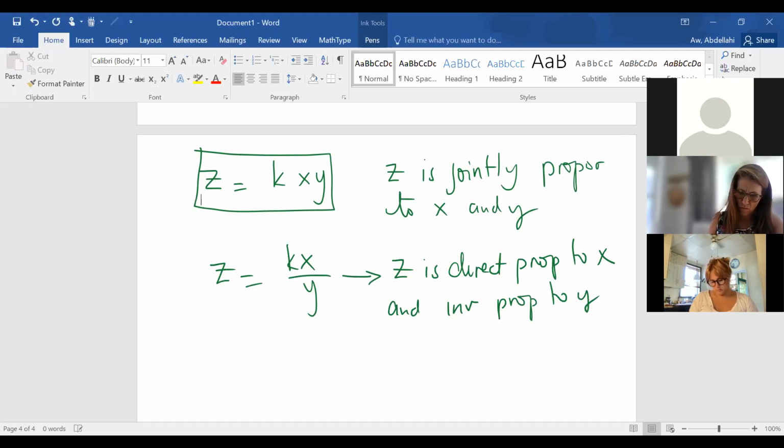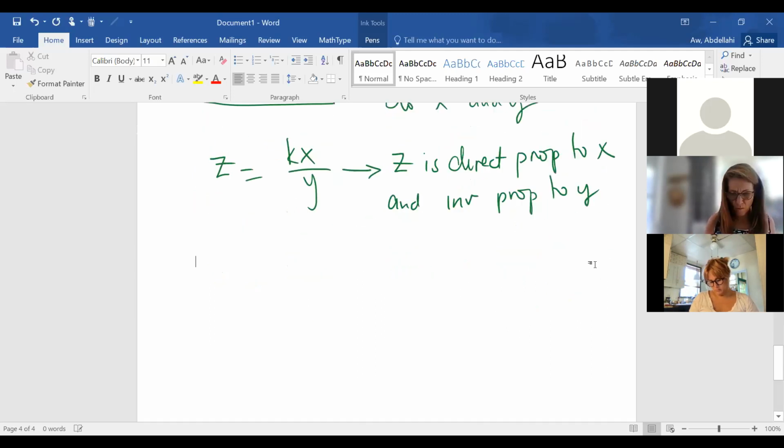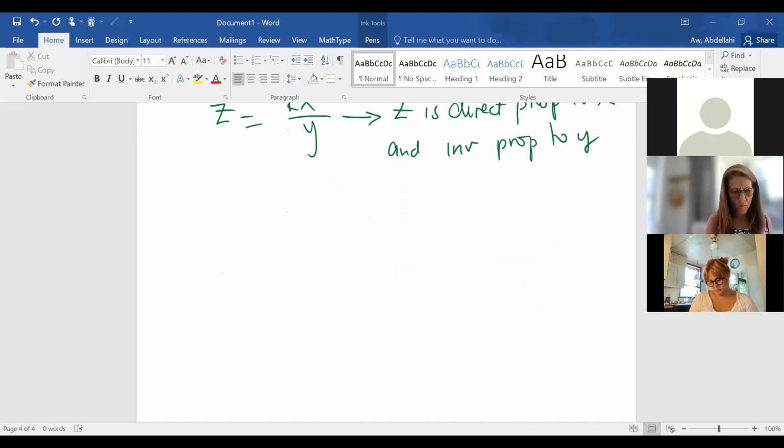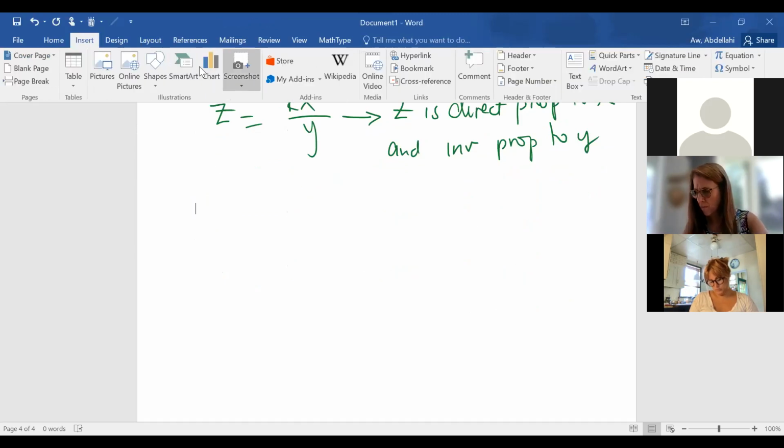Let's see a couple of word problems and then we're gonna close this section right here. When we say word problems, we don't like them, but it doesn't mean they are very hard, okay?